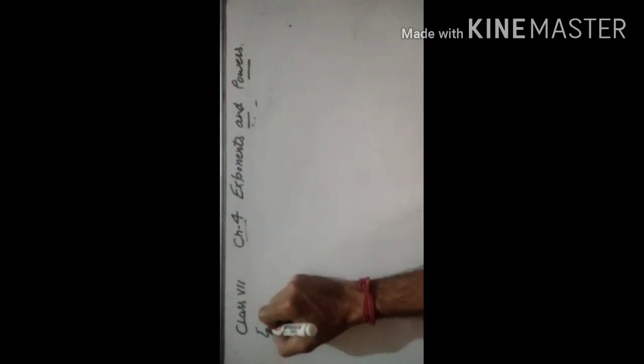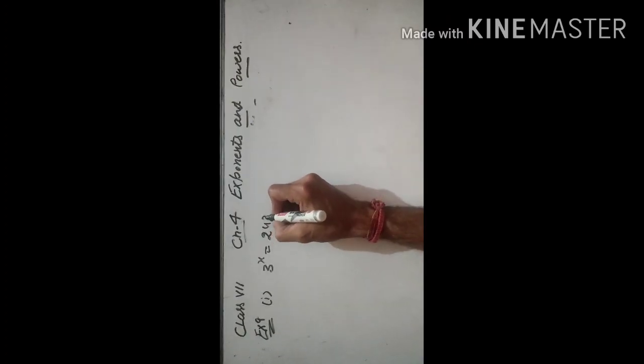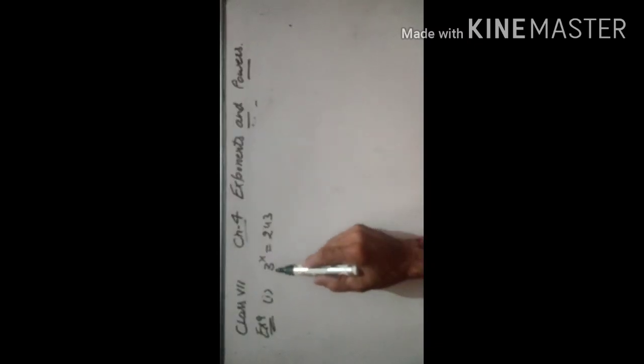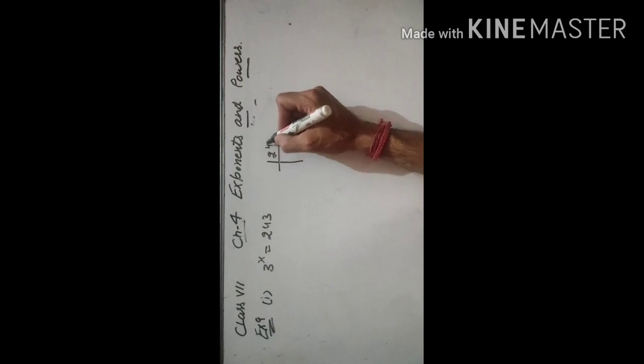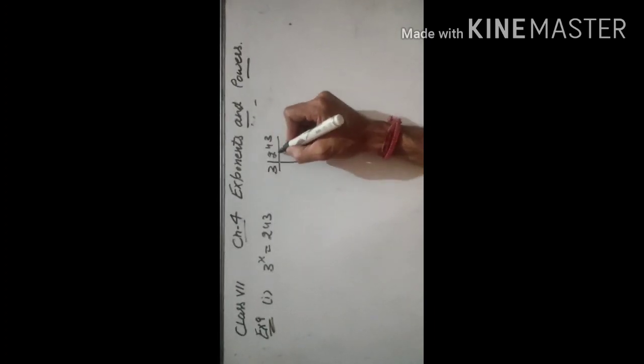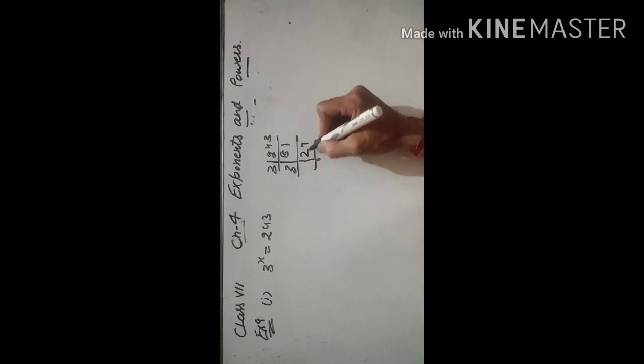Now next example 9. Example 9 is find the value of x in each of the following. First part is 3 to the power x is equal to 243. In these questions we have to make the base same. Now prime factors of 243: 3 ones are 3, 3 3s are 9, 3 9s are 27, 3 27s are 81, 3 81s are 243.